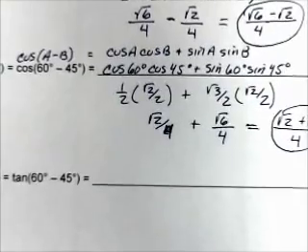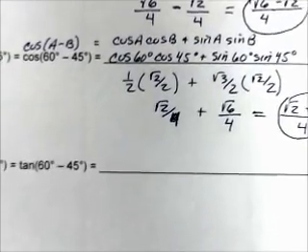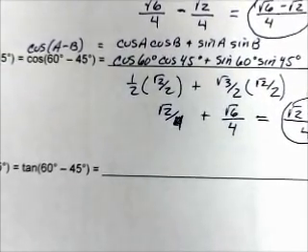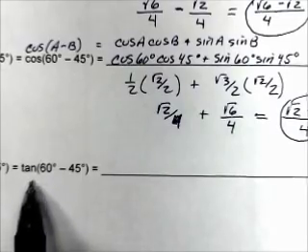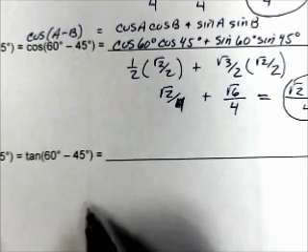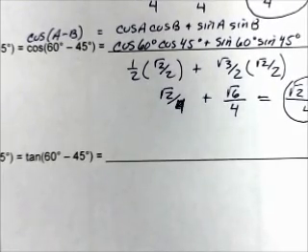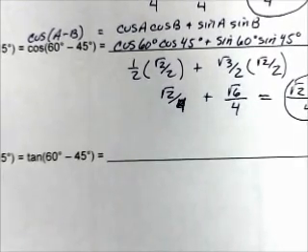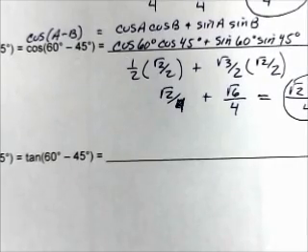Now the tangent of 15. Tangent of 15 is tan 60 minus 45. We could do this two ways.